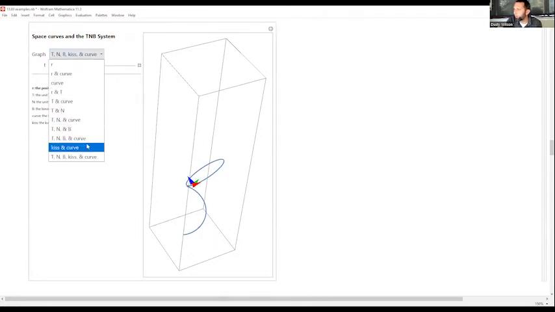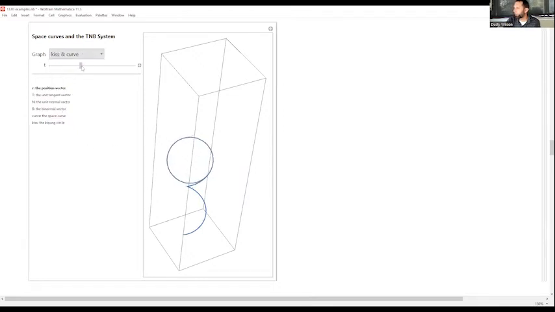And if I get rid of the T, N, and B, notice, I just think this is so cool. It's like you can't even tell where the curve and the circle meet. They sort of are one right on top of the other, because the curve is so perfectly in tune with the osculating circle, or maybe vice versa.